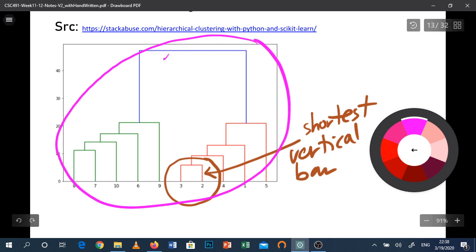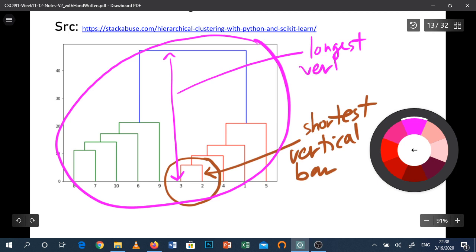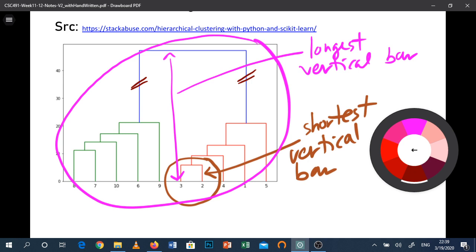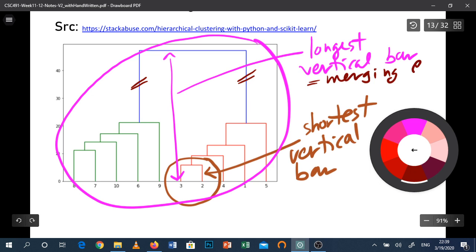You can see that the height is there. That represents the longest vertical bar, which means it represents the merging of the last 2 final subgroups.